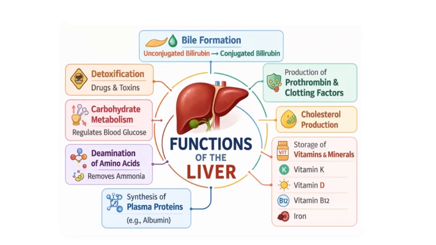In this slide, we are going to talk about the functions of the liver. One of the functions of the liver is bile production. The liver produces bile, which helps digest and absorb fat in the GI tract. Then bilirubin metabolism: the liver converts unconjugated bilirubin.